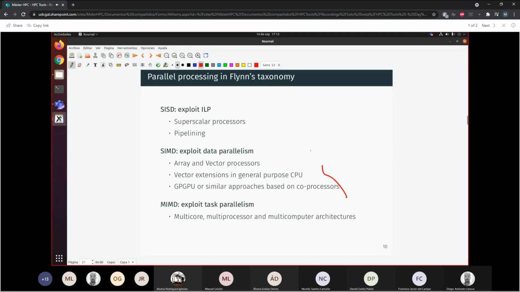So this was Flynn's taxonomy, that is just an abstraction. As I told you before, this was announced in 1966. They were not computers, almost, and they were not at all parallel computers. So this was like an abstract and free idea. But how are they realized in real life?